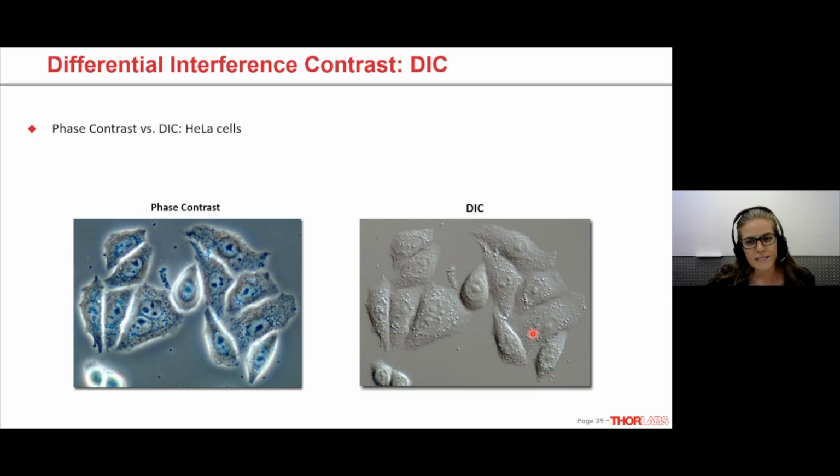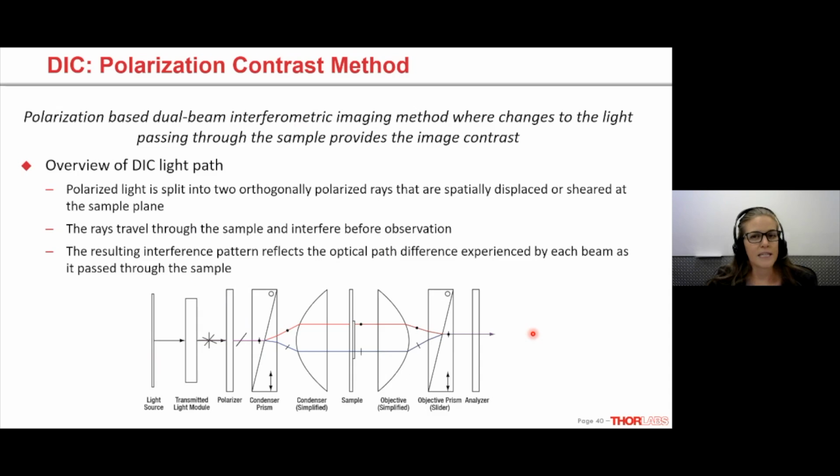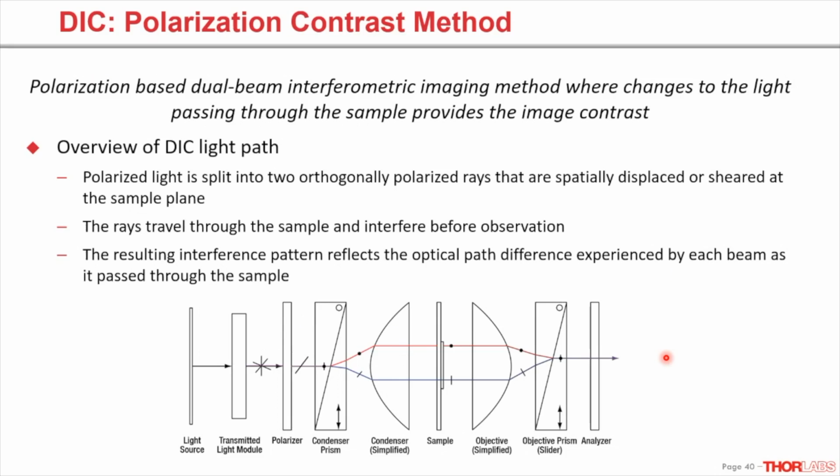So what is a DIC image, and how is this edge contrast generated? DIC is a polarization-based dual beam interferometric imaging method where changes to the light passing through the sample provide the image contrast. So here's an overview of the DIC microscope light path.